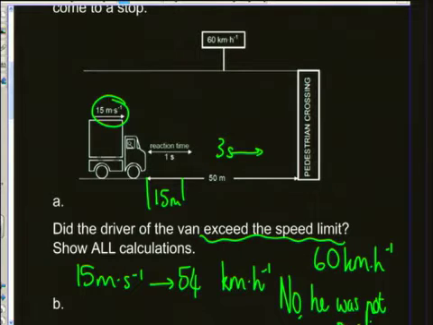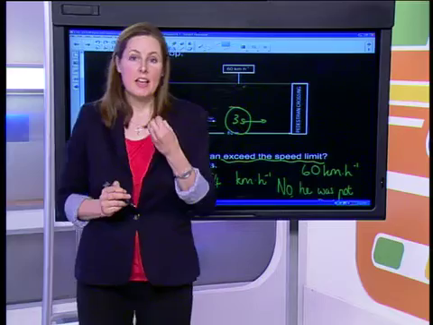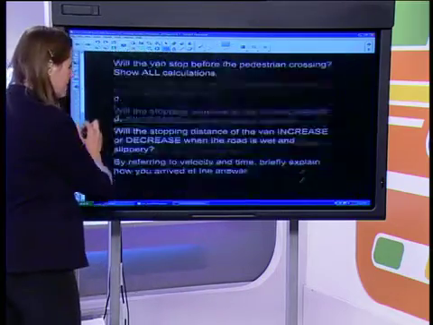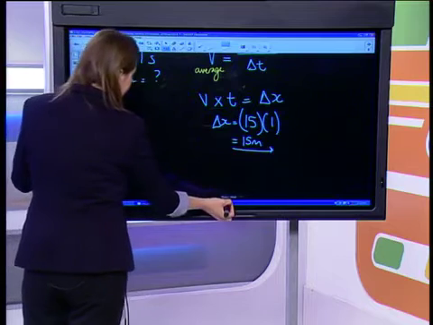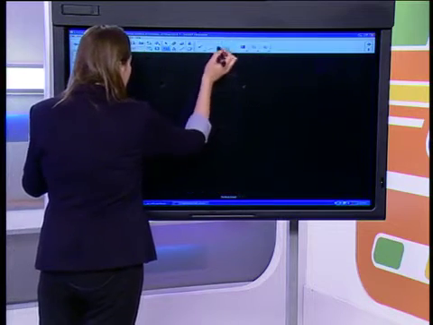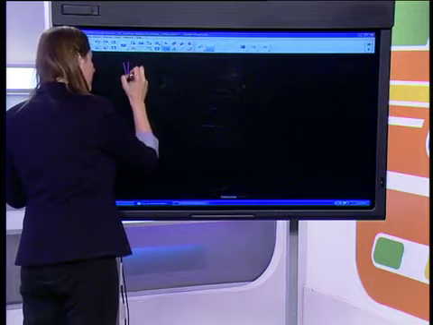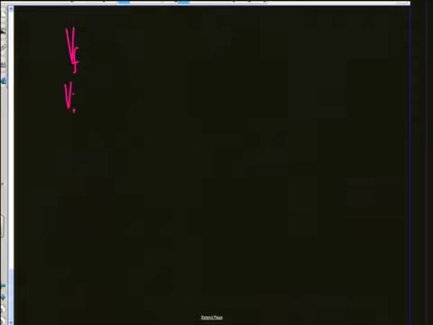But he's only taking 3 seconds more to stop this van. We need to list our information. And I want to go down, give ourselves lots of space. We are going to say, okay, V final, V initial, acceleration, time, delta x.